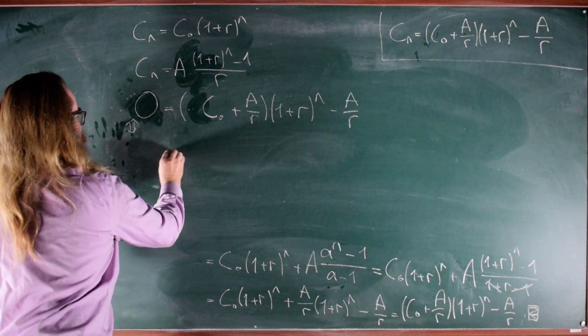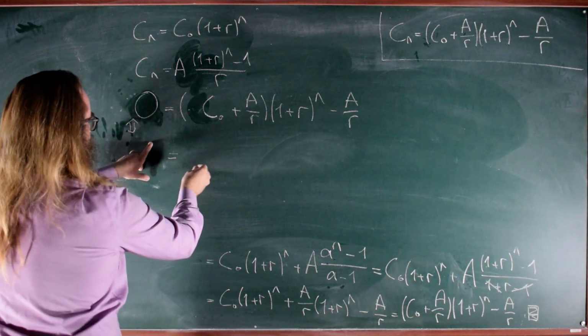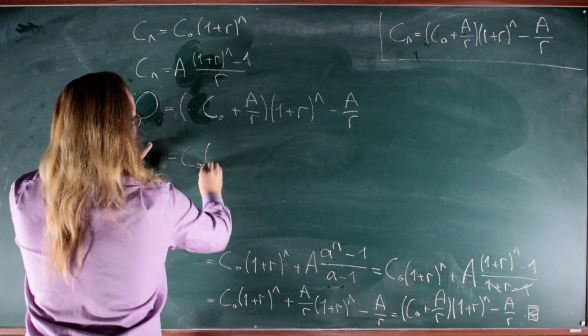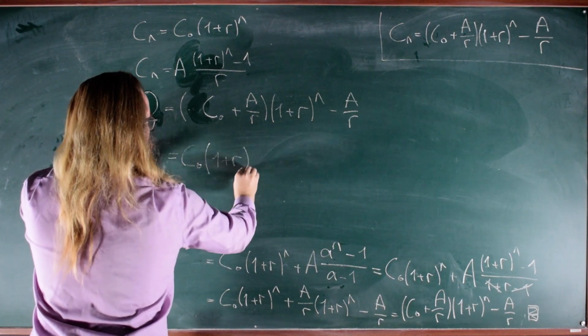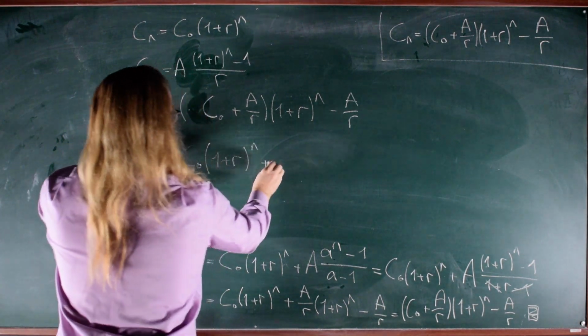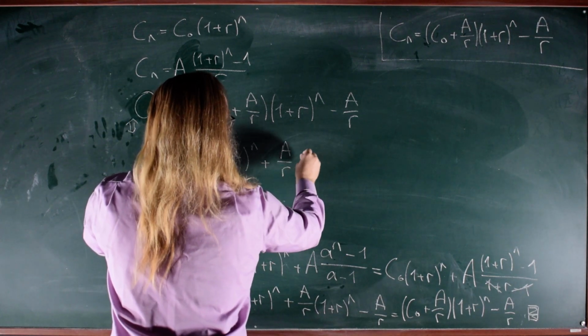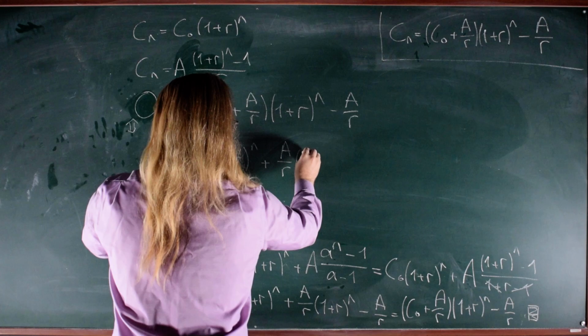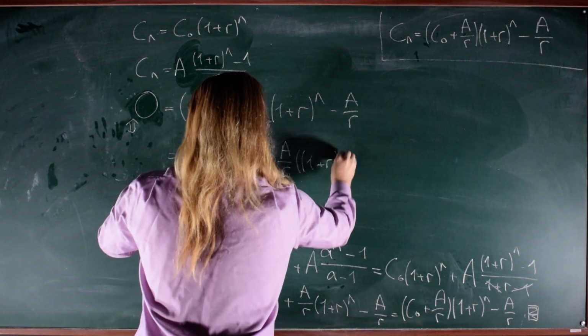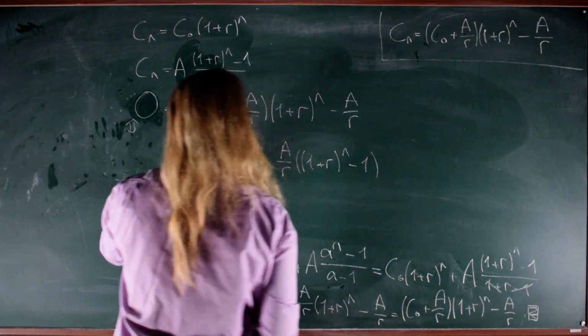Right? So let's re-expand this weird little thing here. And then we have plus a over r, (1 plus r) to the n minus 1, right?